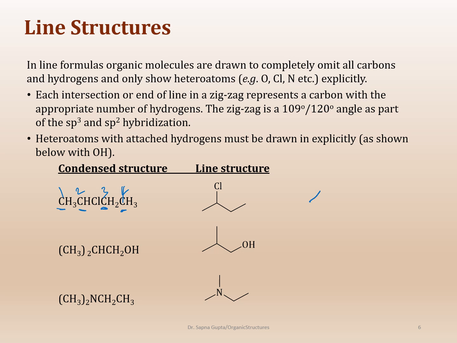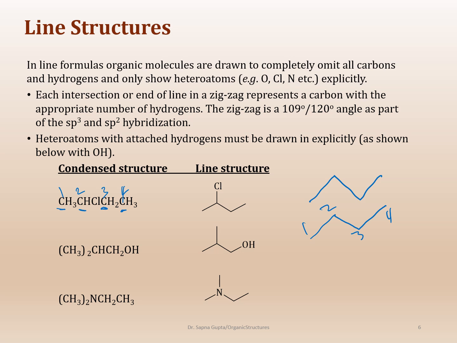Whenever you finish drawing your carbons, I would suggest you go back and number them, so that you know that you have the correct number of carbons in there, because otherwise it can get really tedious, and you either end up having one extra carbon or one less carbon.